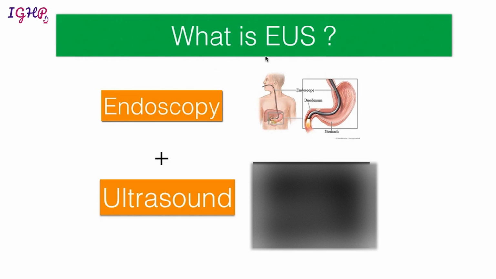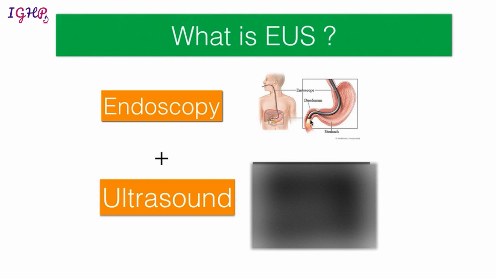Now in EUS, they are combining an endoscope with an ultrasonography probe. So the gastroenterologist here is performing the duty of a gastroenterologist as well as that of a radiologist. In addition to visualizing the mucosa of the GI tract directly with the endoscope, he is also utilizing an ultrasonographic probe at the end of this endoscope.